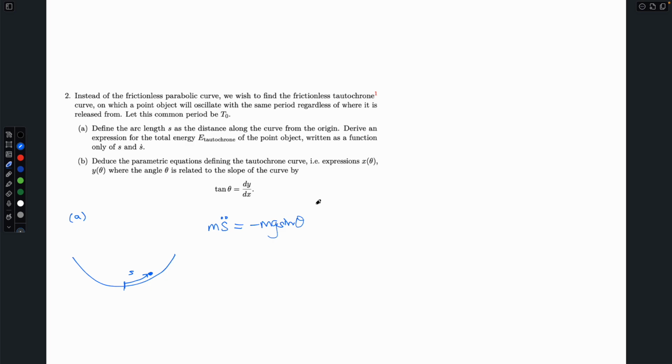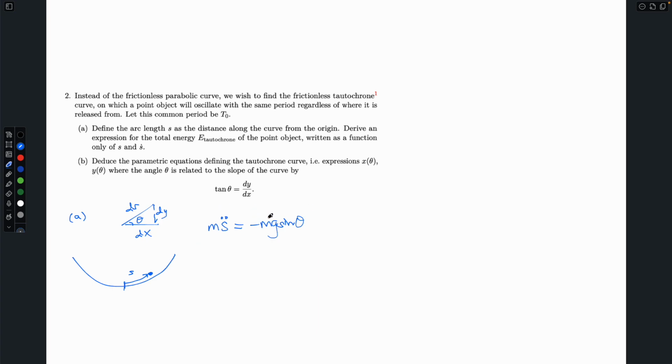So this is because the gravitational force at any point in time would be mg sine theta, where theta is like ds, this is dy, dx. It'll be mg sine theta, this is the force, and then it'll be equal to ma, a being s double dot. So this is always true.